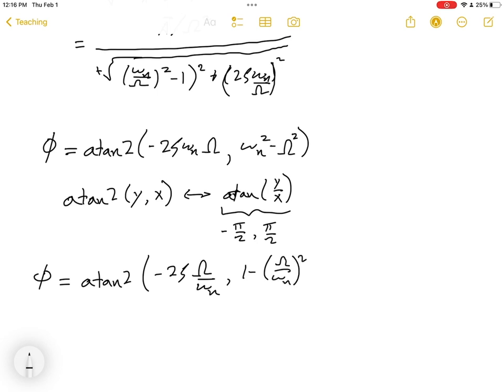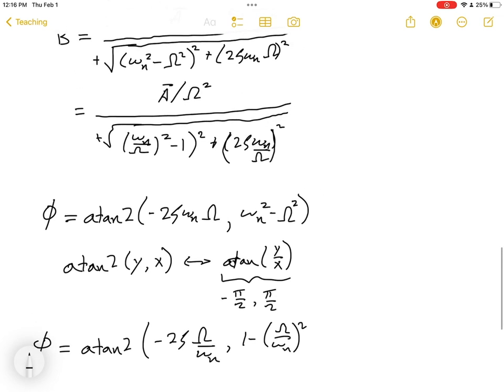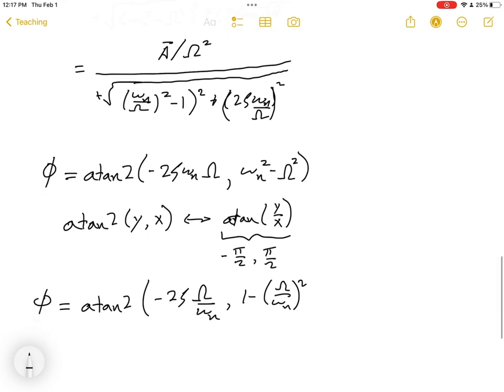And in both of these cases, for both the phi and the b, when we factor out that omega, rather than having omega n and omega separately, everywhere we see the ratio of capital omega to omega n, the natural frequency. And so that's why we factored these things out.